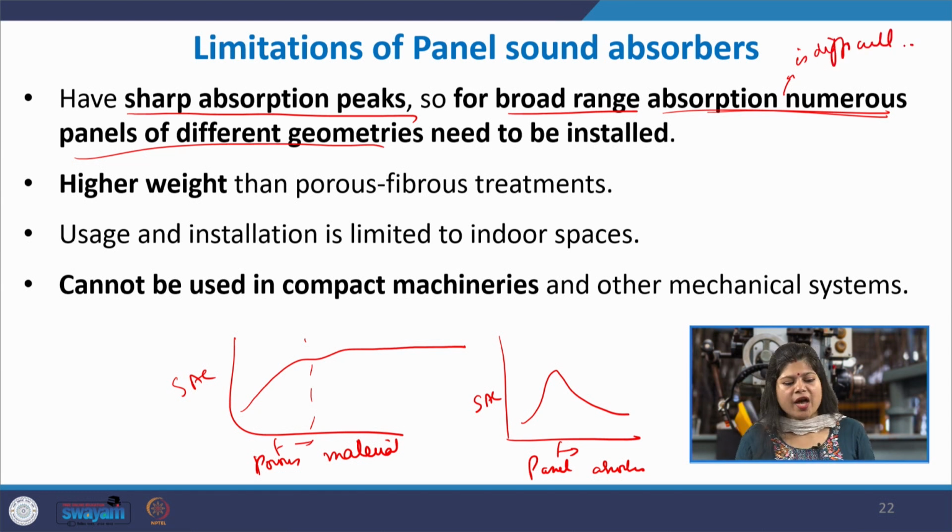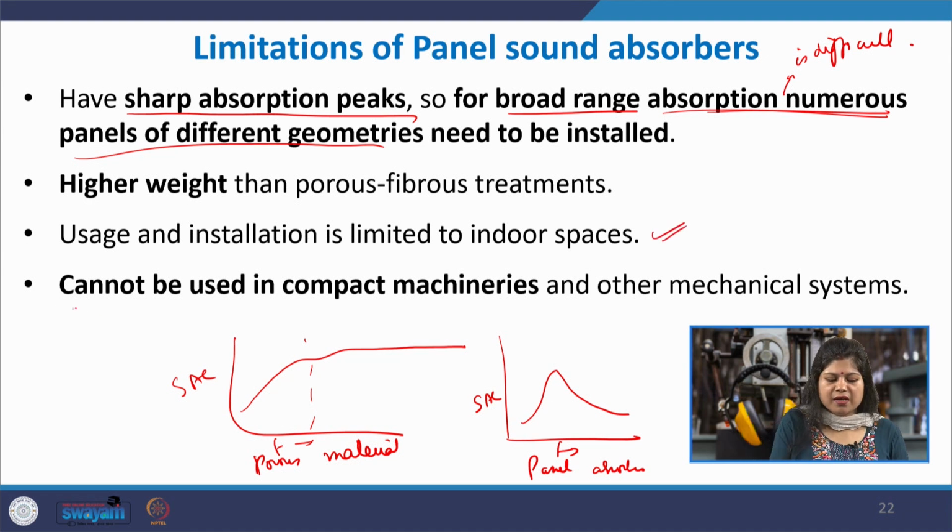Then they have much higher weight compared to the porous fibrous treatments, because essentially porous fibrous materials have a lot of air spaces and voids, and their density is very low, they are very low weight, low cost solutions. But panels, they are stiff lamina, they are higher weight and higher density. Their usage and installation is also limited only to some indoor spaces.